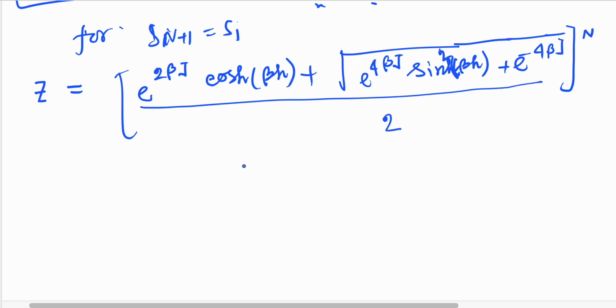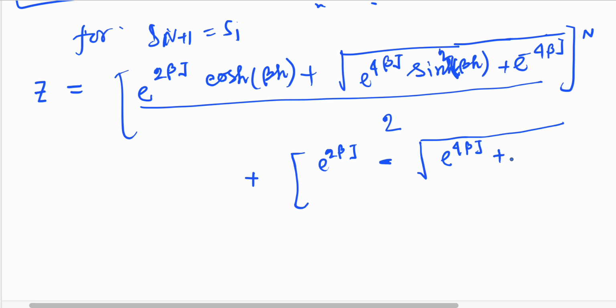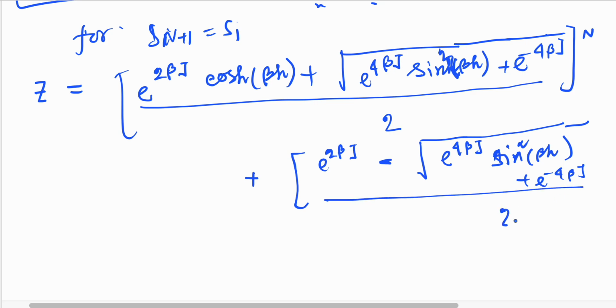This is the z, and second is e to the power 2 beta j minus root over of e to the power 4 beta j plus sinh square beta h plus e to the power minus 4 beta j by 2 to the power n.